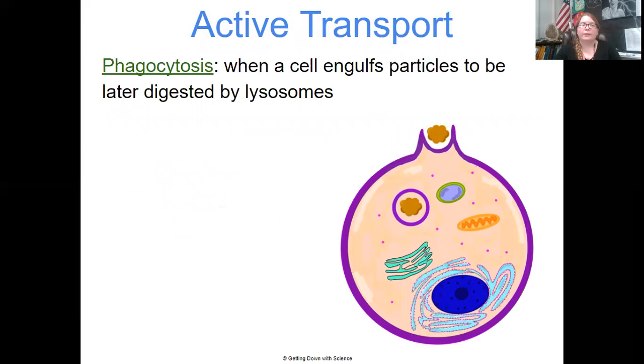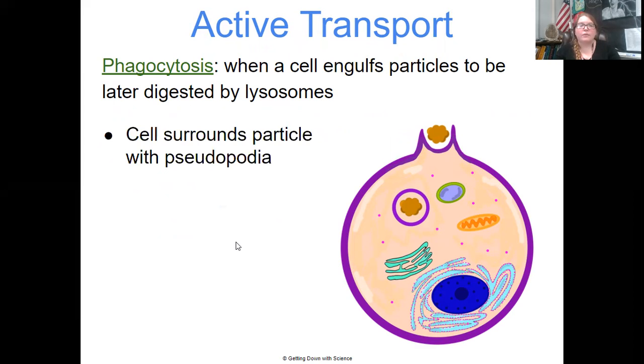So phagocytosis, we engulf larger particles to be later digested by lysosomes. So remember that lysosomes have all those digestive juices in there. It can break apart organelles, but also big particles of food. So the cell surrounds the particle with pseudopodia.